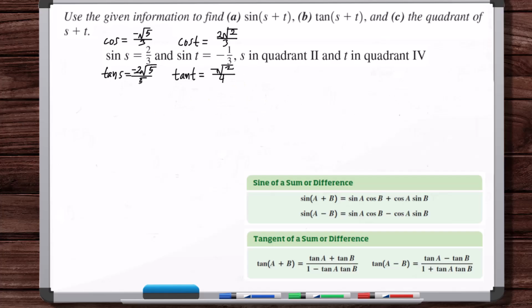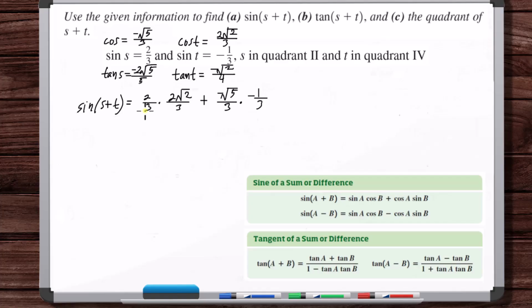Okay. So now sine of s plus t is equal to sine of s, 2/3, times cosine of t, 2 root 2 over 3, plus cosine of s, minus root 5 over 3, times sine of t, minus 1/3. Is that right?